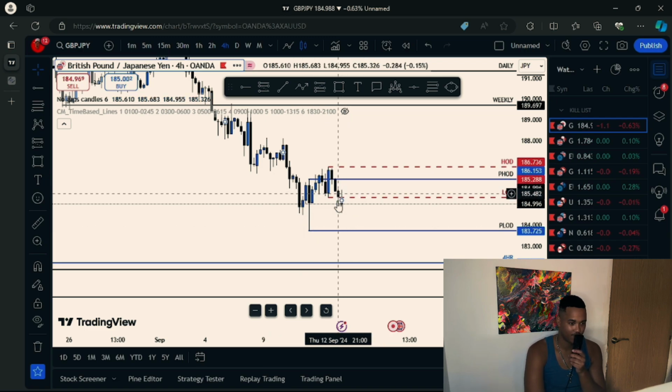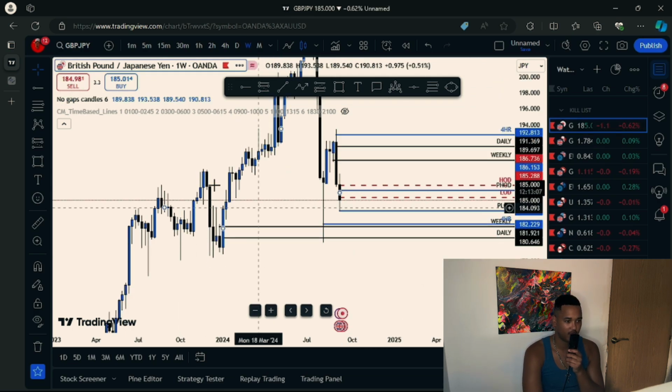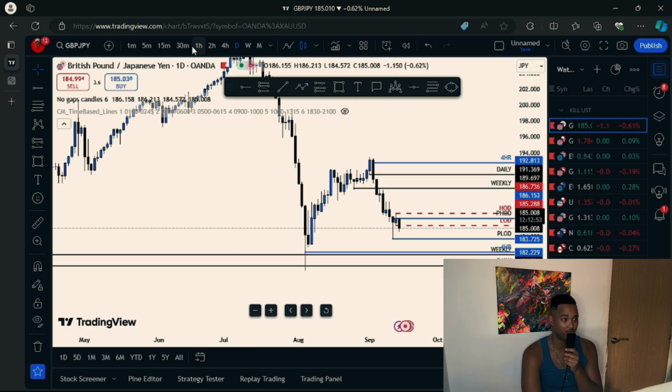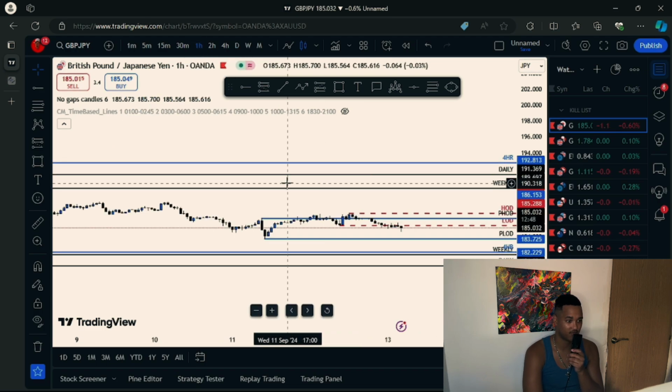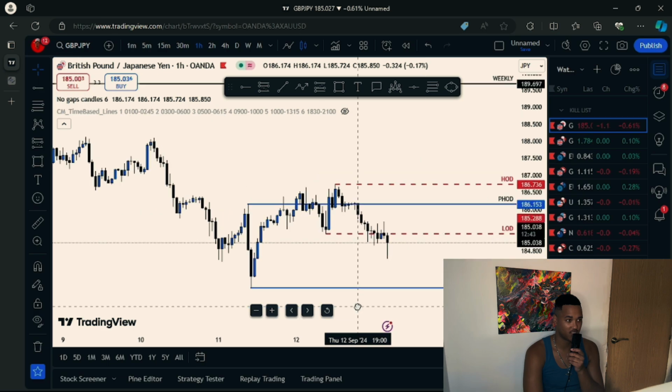And so now this is telling me that we are bearish, and on the weekly, and on the daily as well, we broke through these areas, so we're bearish. So that's an A plus setup basically. This is an A plus setup, which means we're looking for sells today.